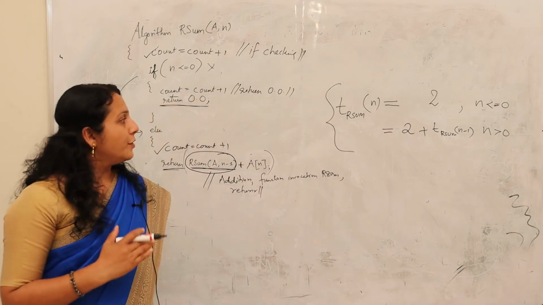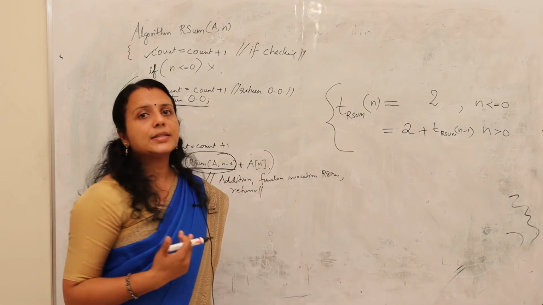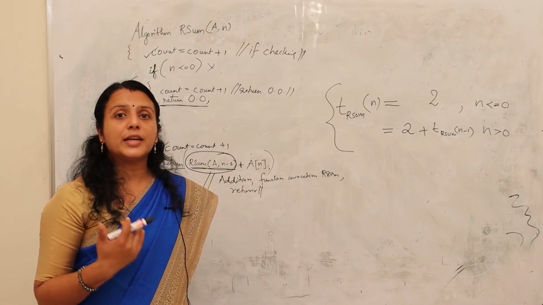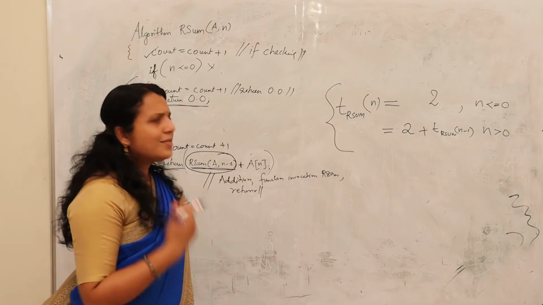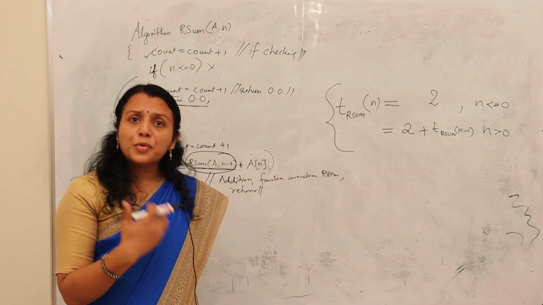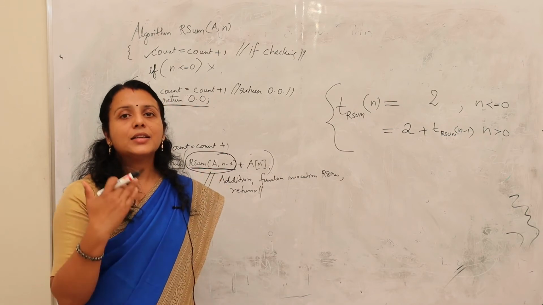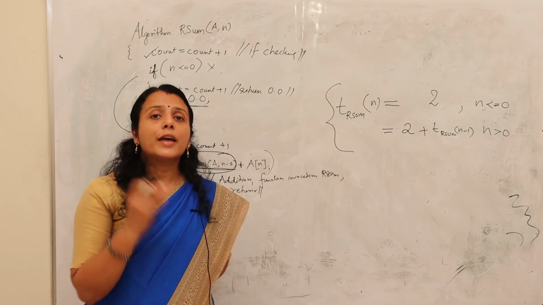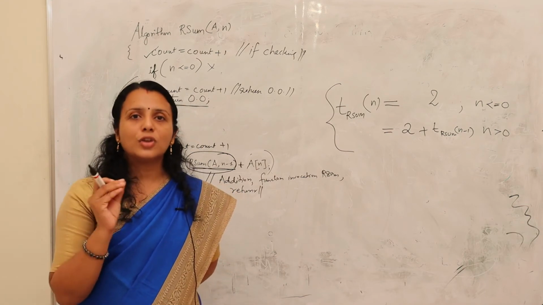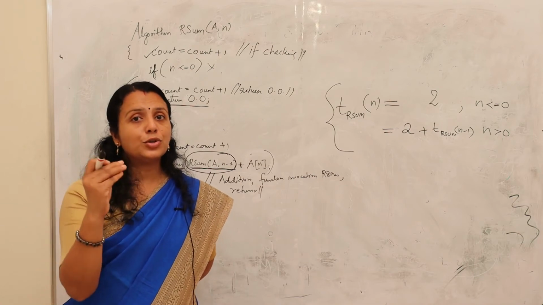Now from this relation, when you analyze it, it is difficult to understand what the time complexity is for this program. Now to make it more generalized, to make it more clear, we have to solve this recurrence relation. Okay, and there are different methods for solving a recurrence relation, and one of the simplest methods for solving any recurrence relation is the substitution method.